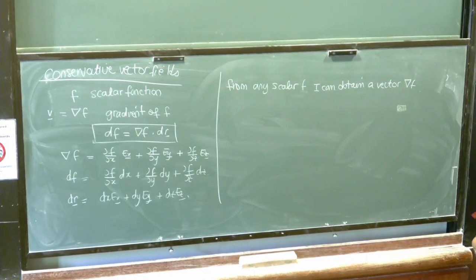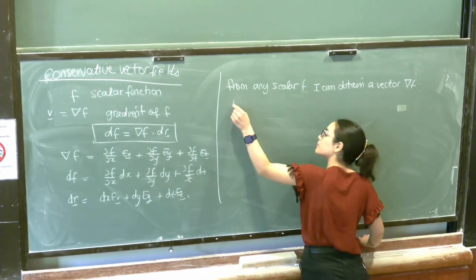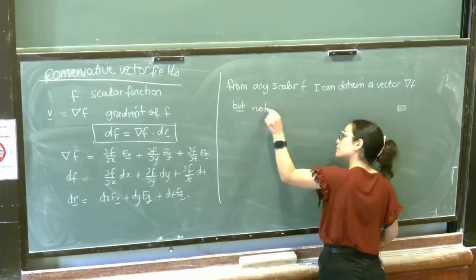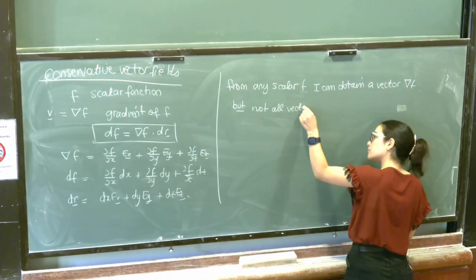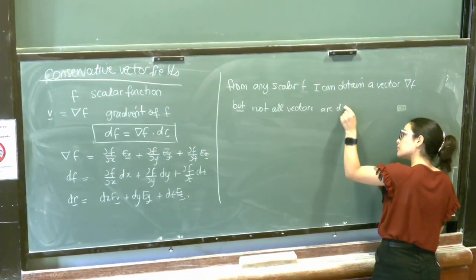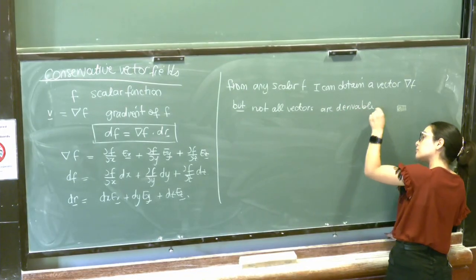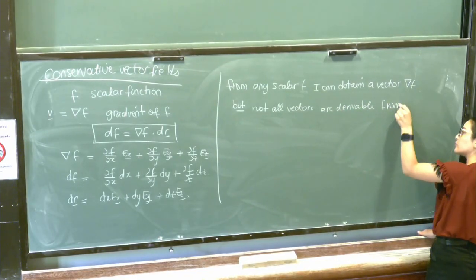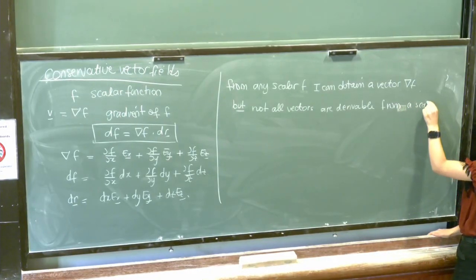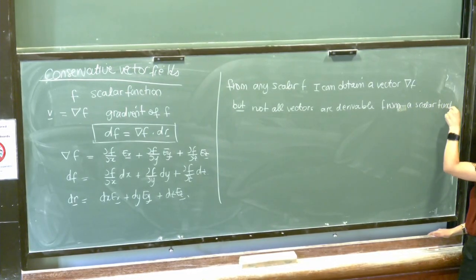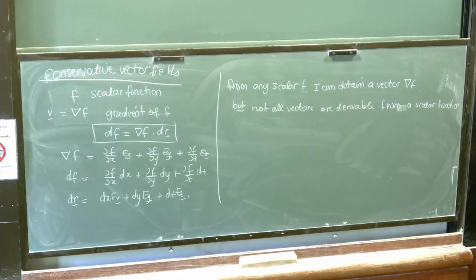Okay. However, not all vectors are derivable from a potential. When they are, we call them a conservative vector field, and the function that they're derivable from is called the potential.